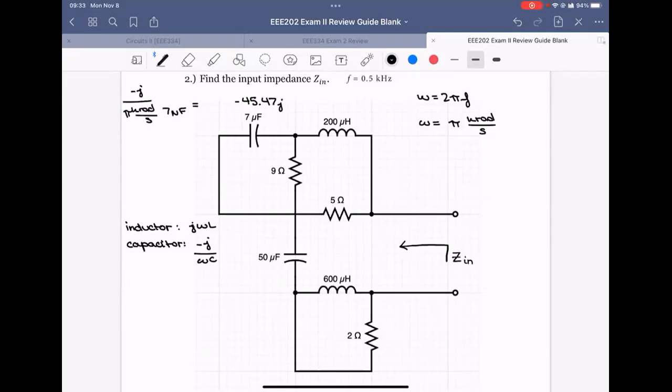You can check that yourself. The inductor we have is 200 microhenries, so we'd have j omega L. We have pi kiloradians per second times our inductance of 200 microhenries, which is going to give us 0.628 j.